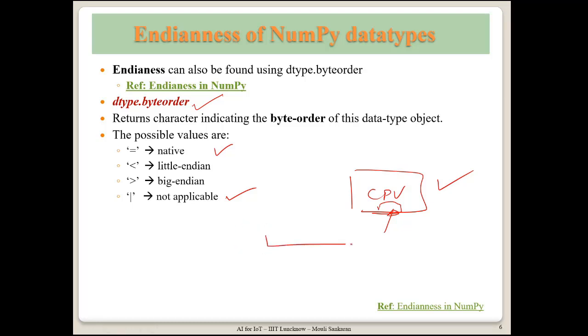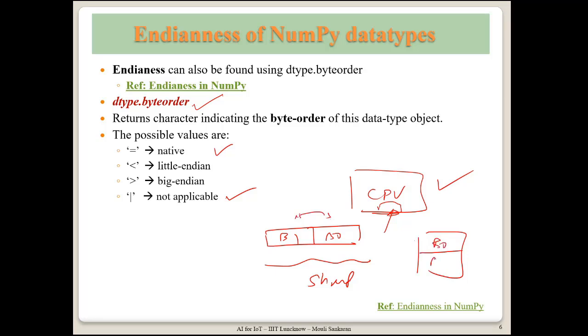Now, when does the byte order not play a role at all? I'll tell you. Suppose you have a short integer, with a byte 0 and a byte 1. When more than one byte is there, endianness comes into play, because you can store it in the address either with B0 first and B1 next, or B1 first and B0 next. So endianness comes only when the data is more than a byte. But if it is only a single character or an int8, endianness doesn't come in, because a byte is stored as a byte and you are accessing it, and it doesn't matter what the endianness is.